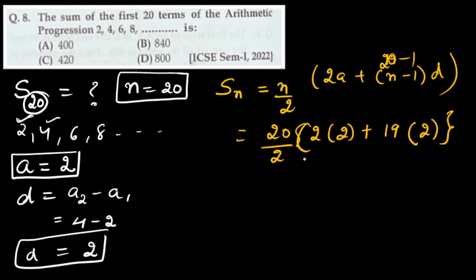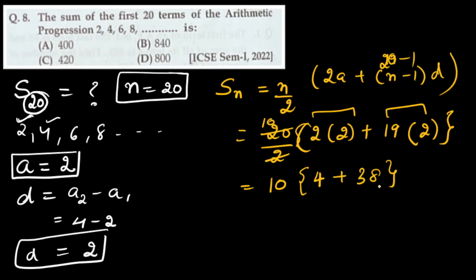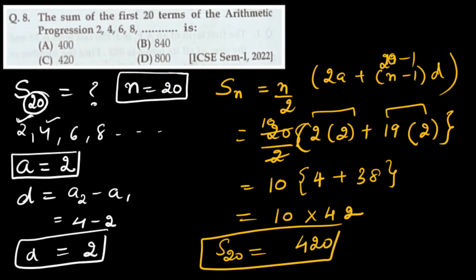This 2 and 20 we can cancel, so 10. 2 into 2 is 4. First do brackets, then do addition or subtraction. 19 into 2 is 38. 38 plus 4 becomes 42. So 10 into 42 is 420. 420 is the answer for S20.